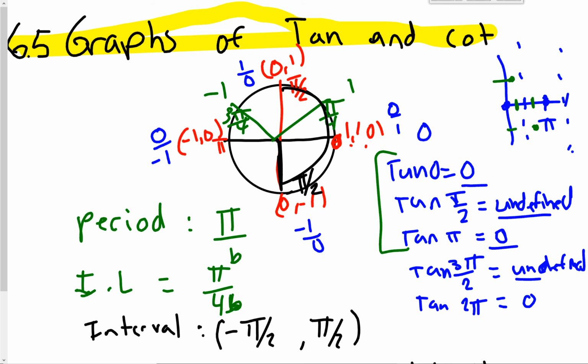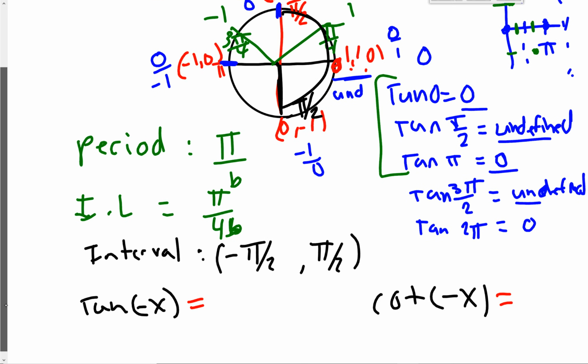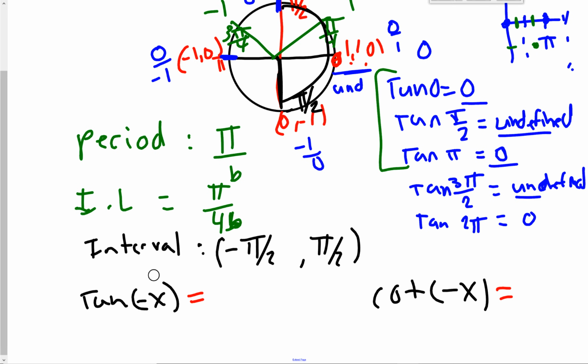But cotangent is a little bit different because it's undefined right here, and then it's at 0 here, and then back to undefined. So how you do tangent and cotangent is you always start at a y value of undefined.